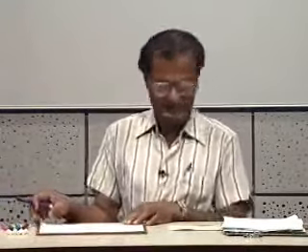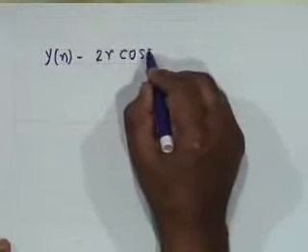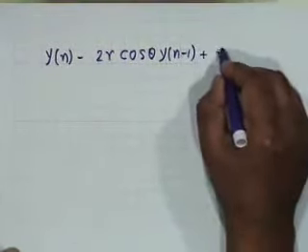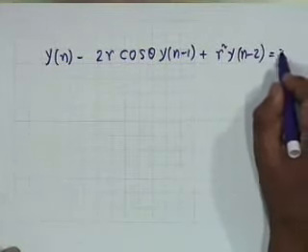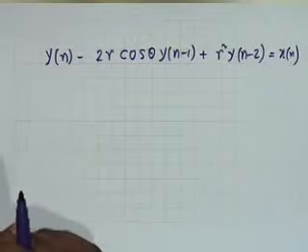We take a difference equation which is y of n minus twice r cosine theta y of n minus 1 plus r squared y of n minus 2, let us say, equals x of n. What are the eigenvalues for this system?